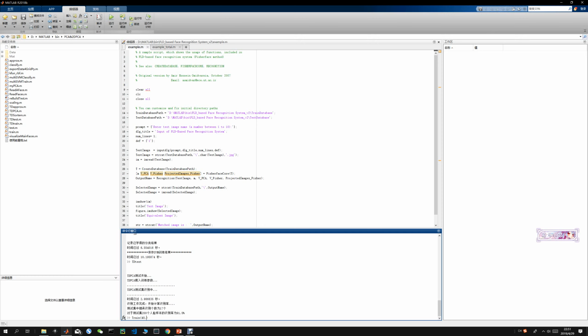Also 40 people and 5 faces of each person. And this time we use 20 dimensions, which means 20 vectors.